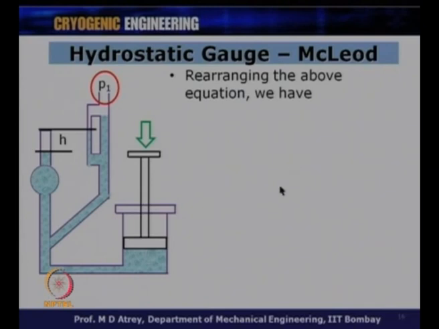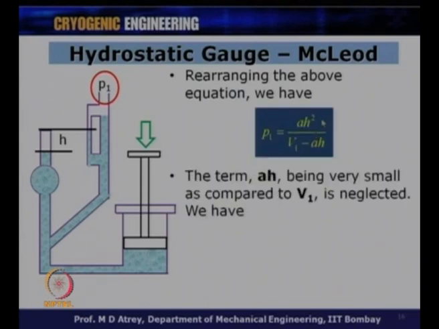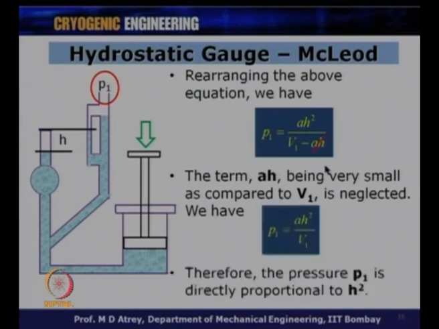Rearranging the terms, we have P1 is equal to AH square divided by (V1 minus AH), and this AH term is very small compared to volume V1, because V1 is a very big volume. The term AH being very small compared to V1 is neglected, and therefore P1 is equal to AH square upon V1.